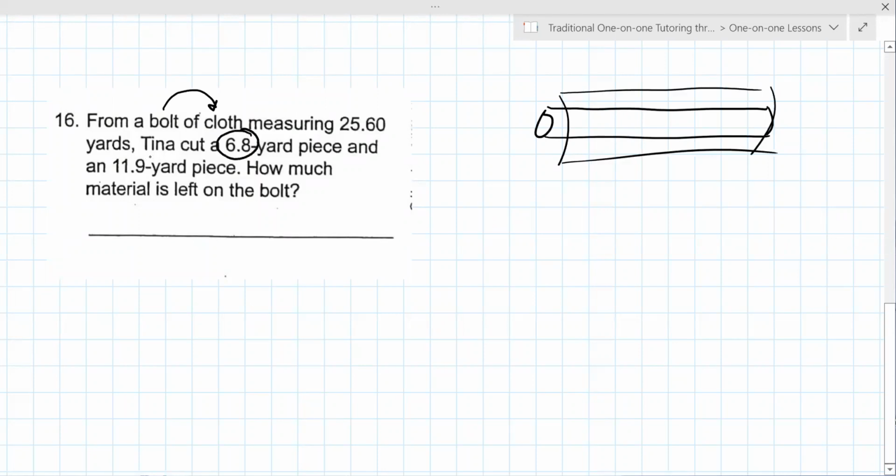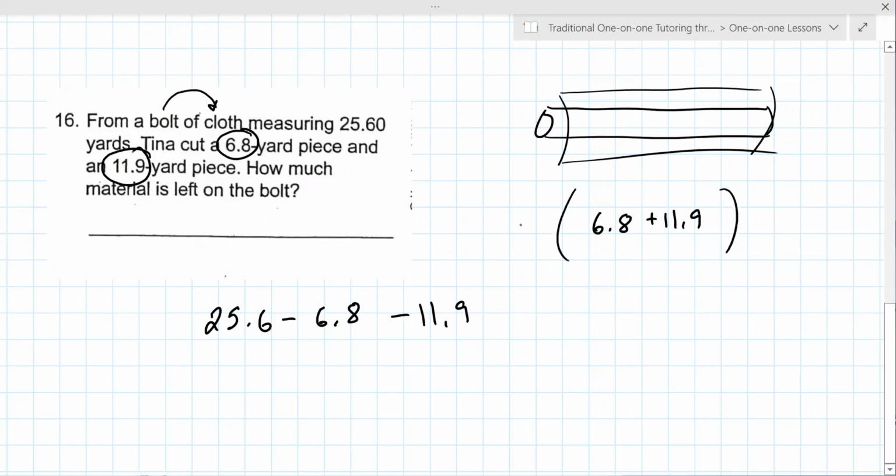You got these two numbers right here. And here's what you could do. You could subtract 6.8 and then you could subtract 11.9. But subtraction is hard. So it would be better to take 6.8 and add it to 11.9 and then subtract it. So can you add up 6.8 and 11.9 for me?